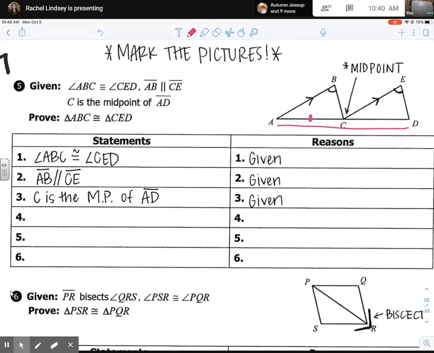CD. So AC goes with CD. So I look back up at this so that it can be technically more correct. If you mix that around and you do DC, I'm not going to mark it wrong. Okay, it's fine. But this is the way it should be, it's AC, CD.